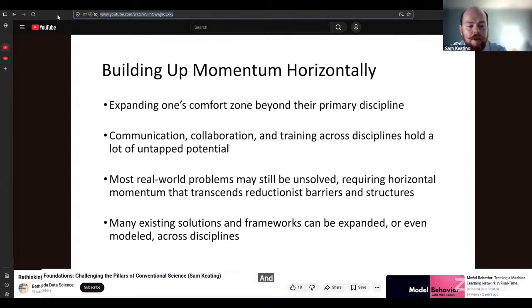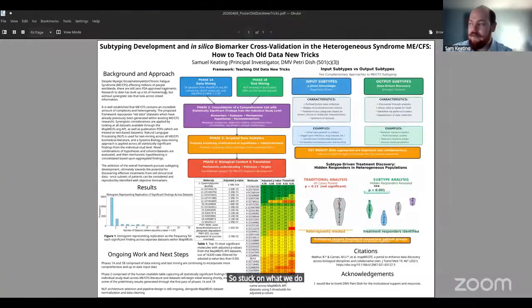And if we're stuck in biomedical research in a way that just remains so siloed, so stuck on what we do is the greatest and we can never be wrong, well, maybe that's wrong. Maybe it's time to reevaluate.